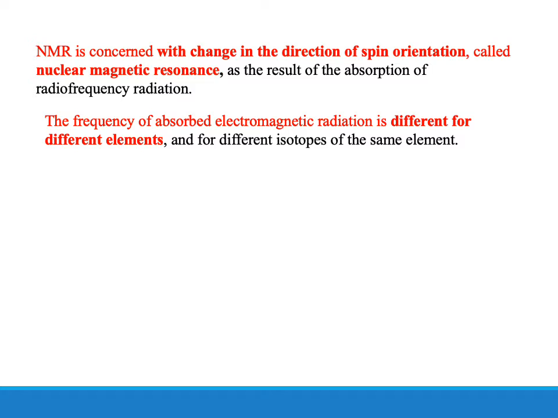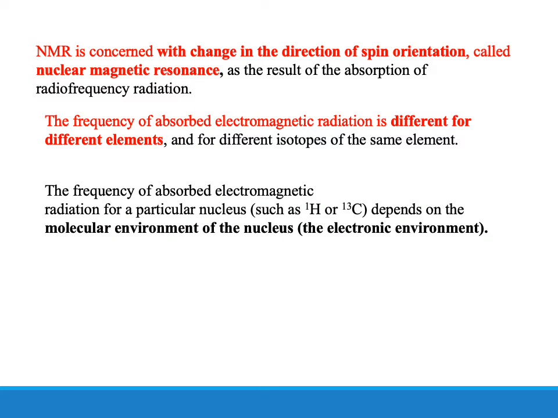You need to know that NMR is concerned with the change in the direction of spin orientation. That's why we call it nuclear magnetic resonance. And the frequency of absorbed electromagnetic radiation for a particular nucleus, like proton and carbon-13, depends on the molecular environment of the nucleus.